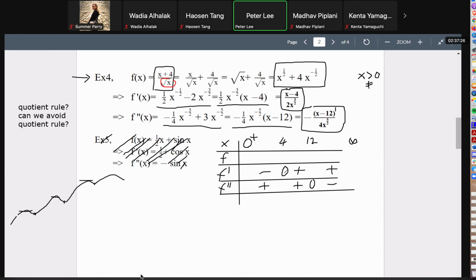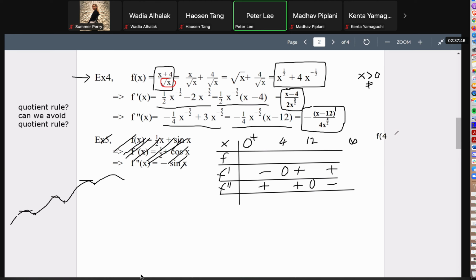So what happens when x equals 4? When x equals 4, what we get is 8 over what is f of 4. So let me write f of 4.